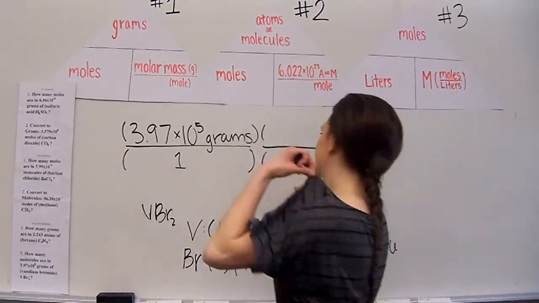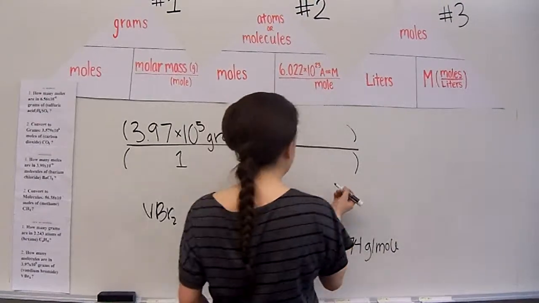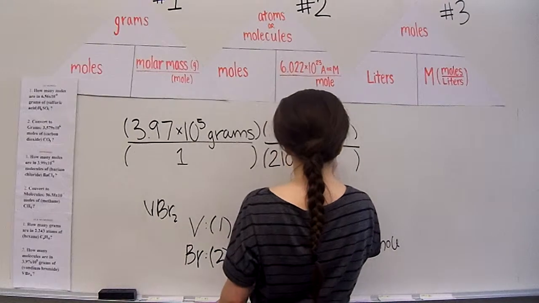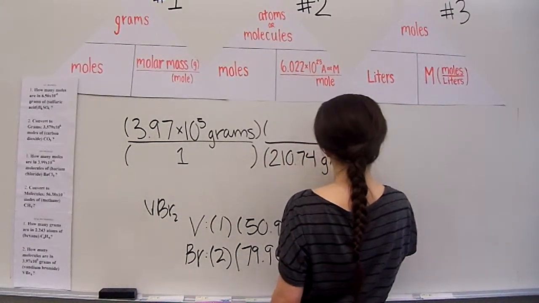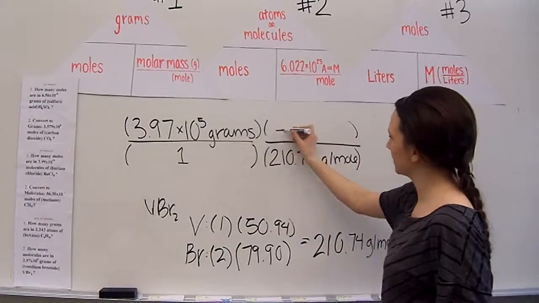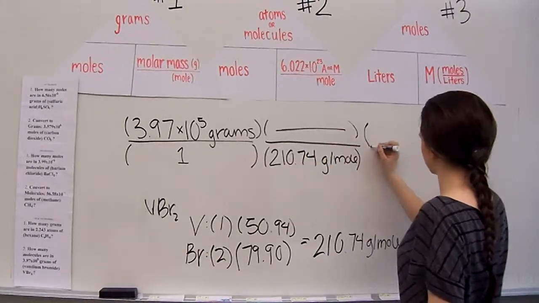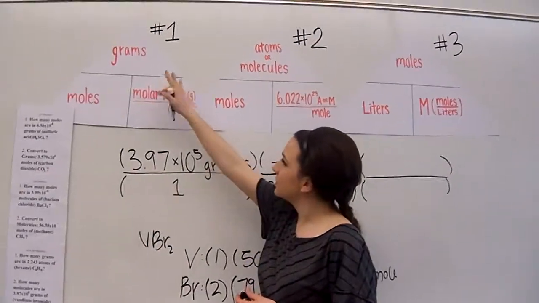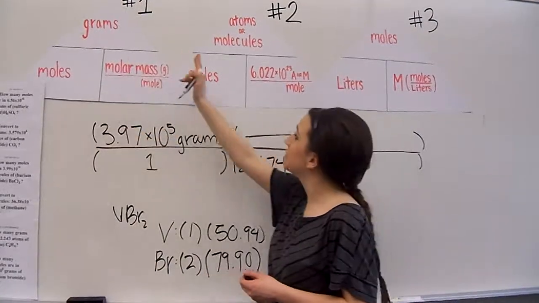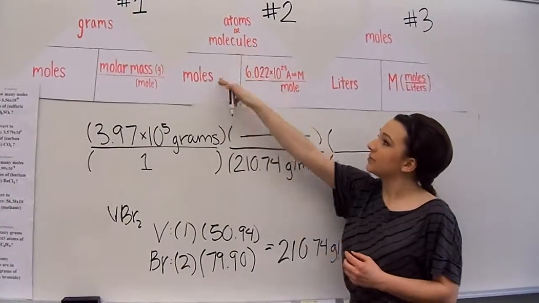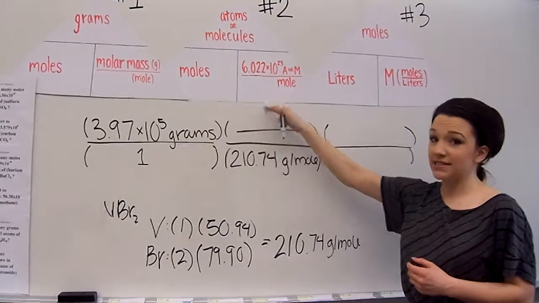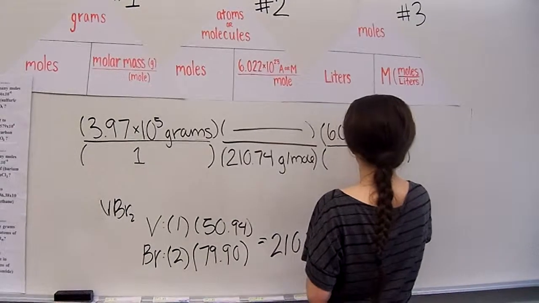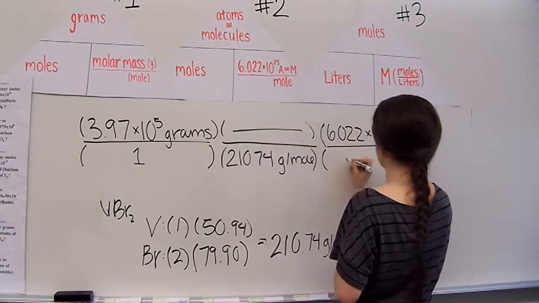We are going to need to place this right here so that it can be divided, and we can put a slash up here because we don't really need that information. So, taking the grams, dividing by the molar mass, will give us moles, and now we can move to this triangle. But we're asked for molecules, so we're going to have to multiply this by the constant term, which is 6.022 times 10 to the 23rd.